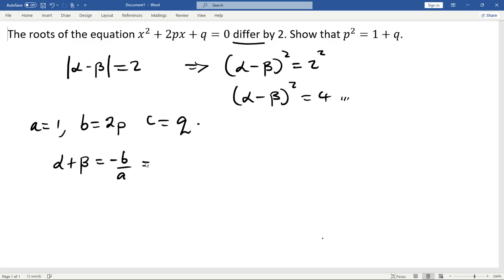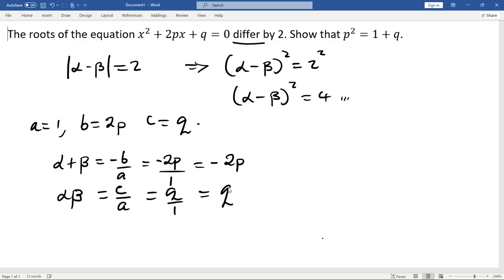Negative b is negative 2p, divided by a, which is 1, so it gives us negative 2p. The product alpha beta is simply c over a. Our c is q, our a is 1, so this gives us q.